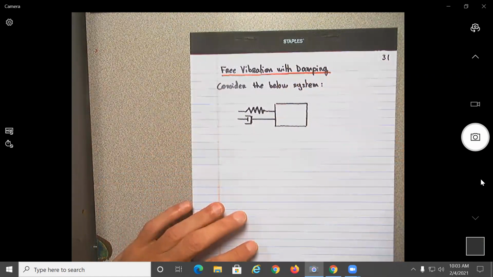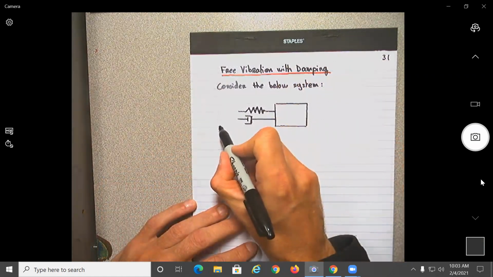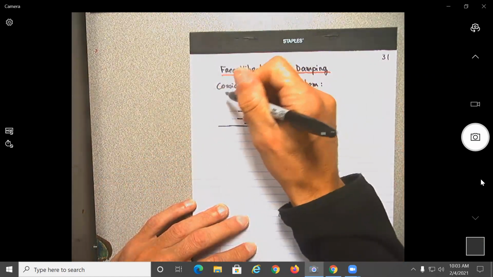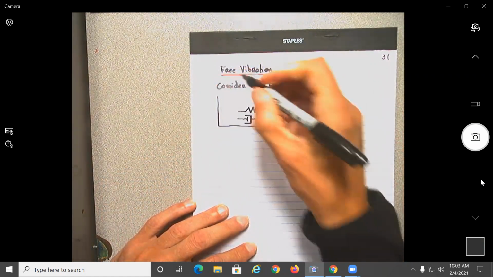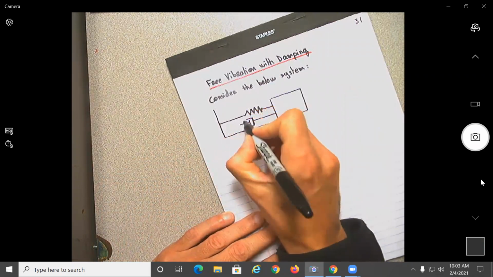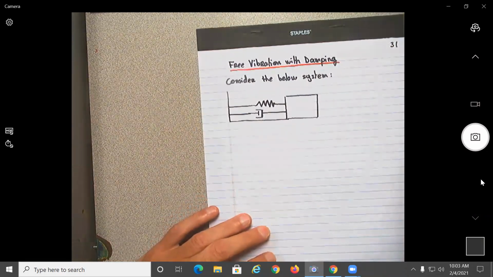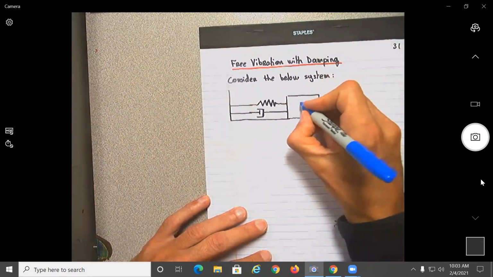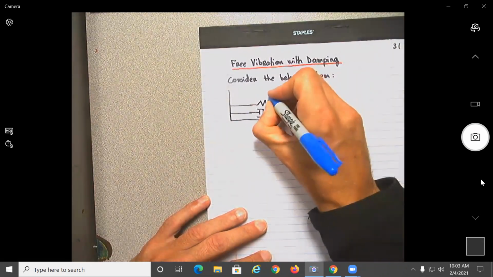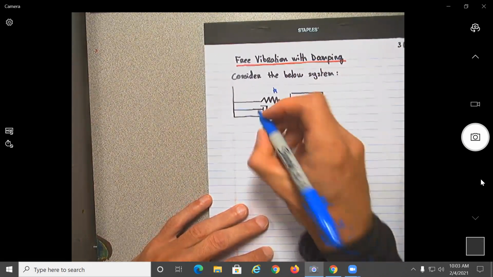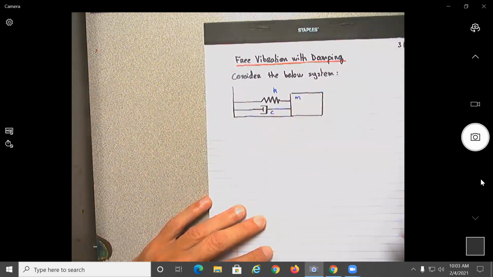It will be a block of mass M, a spring of stiffness K, and for damping, generally the letter C is used.